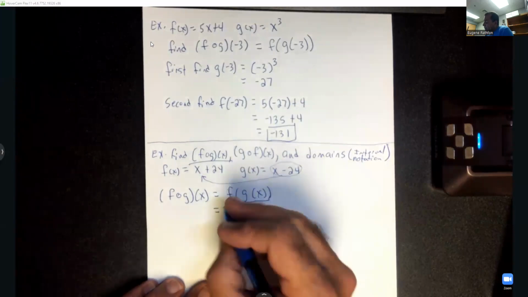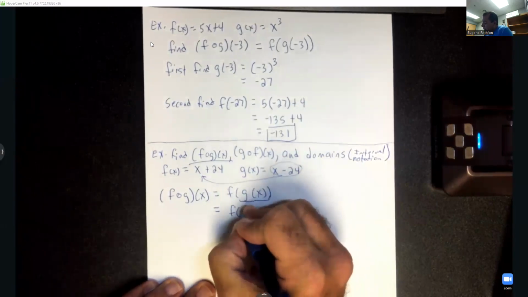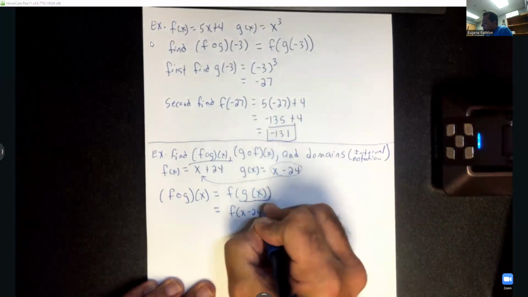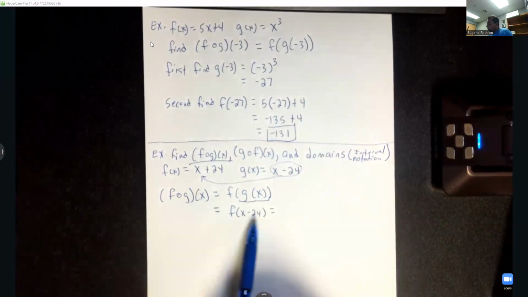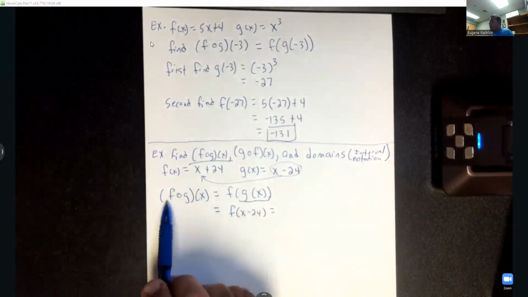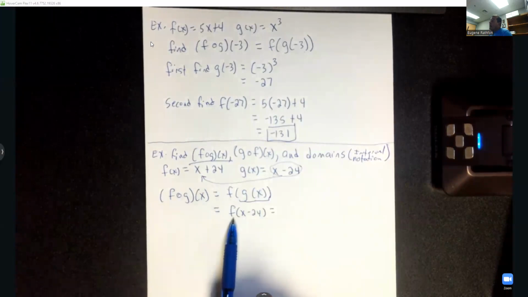So that means you're finding f of an x minus 24. Okay, so that second function is going into the f. And since that's all going in for the f, we're really finding f of x minus 24.